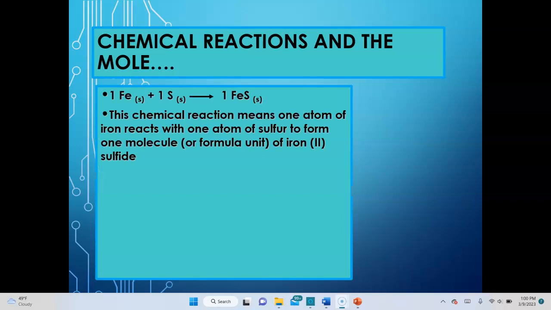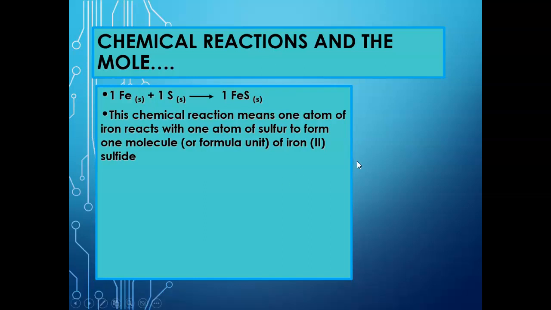So what are we seeing with this chemical reaction? We are seeing one atom of iron reacting with one atom of sulfur to create one molecule of iron sulfide. Now, it's important to realize that these are atoms, not mass units.